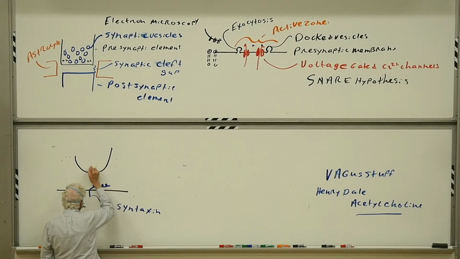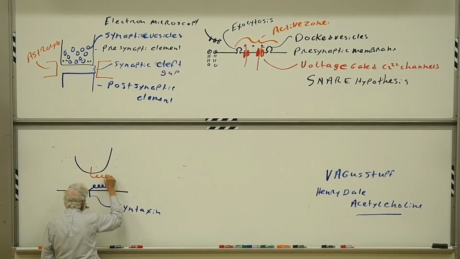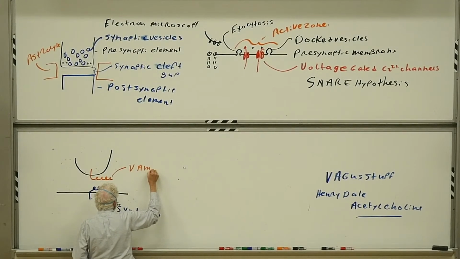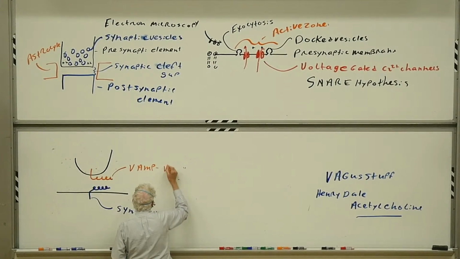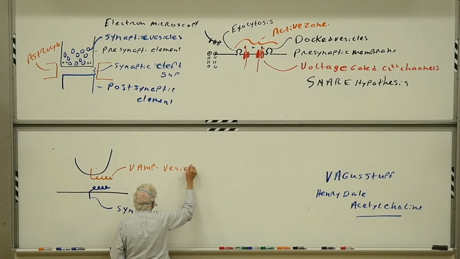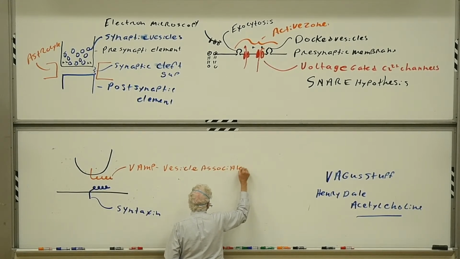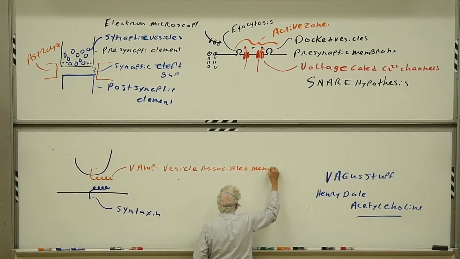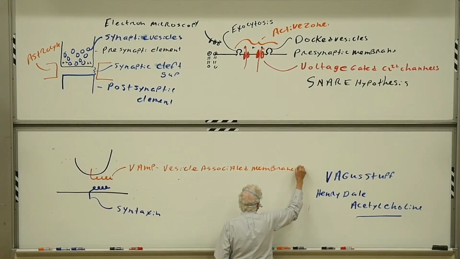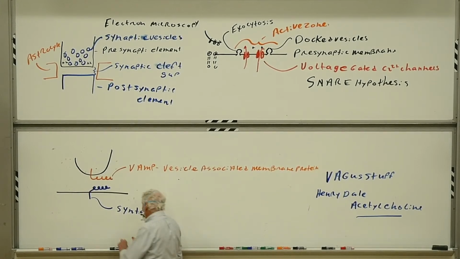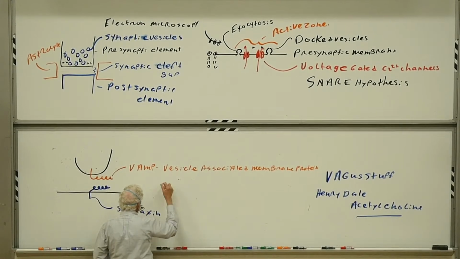This comes across the membrane, comes out into the cytoplasm. And this one is called VAMP. This is vesicle associated membrane protein. Now you commonly see this referred to by two names. One was synaptobrevin.